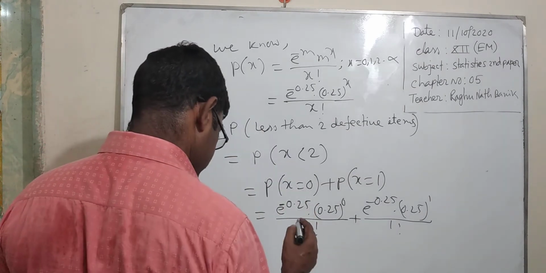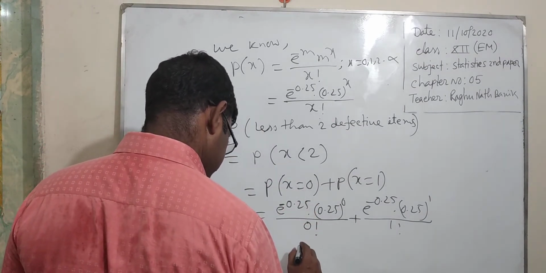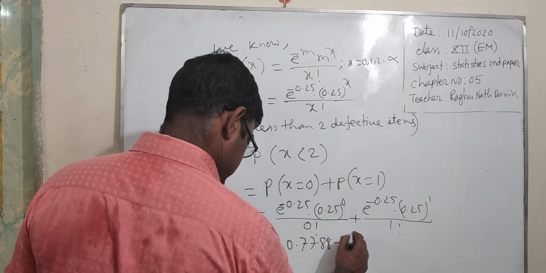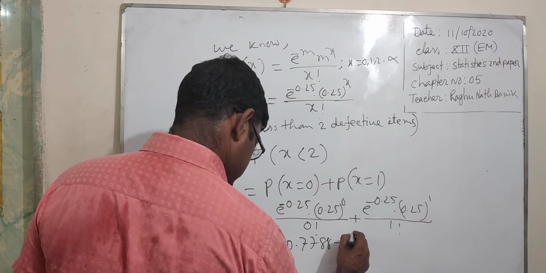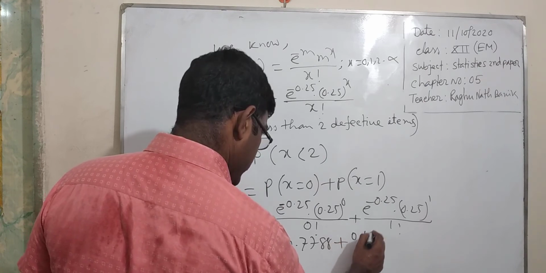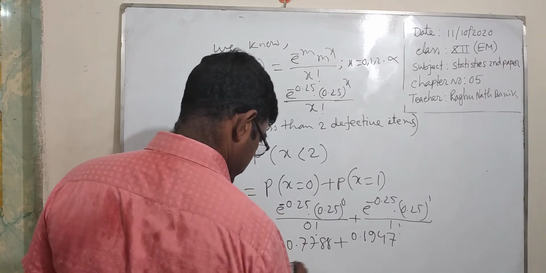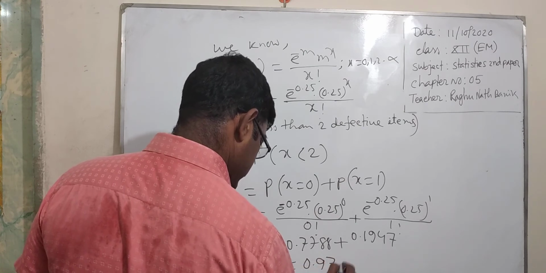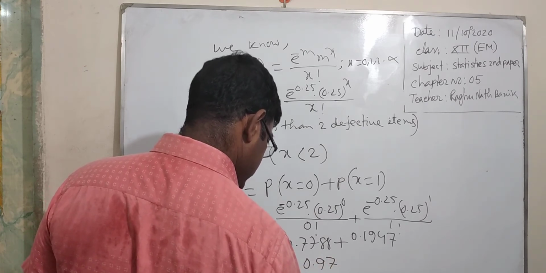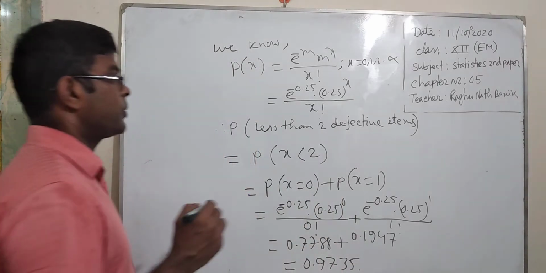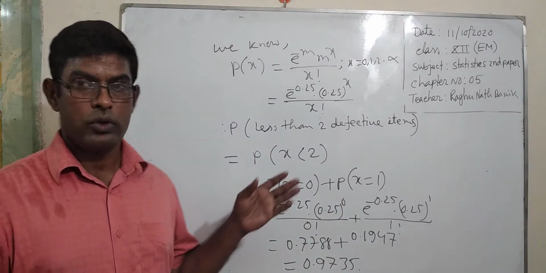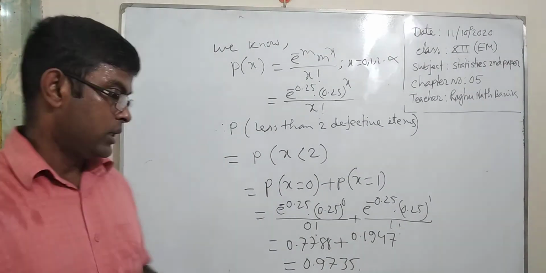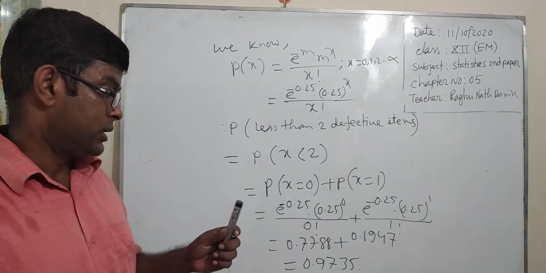The result is 0.7788 plus 0.1947, that's equal to 0.9735. This is the probability of less than 2 defective bulbs. Okay, dear students, hope that you have understood this math.